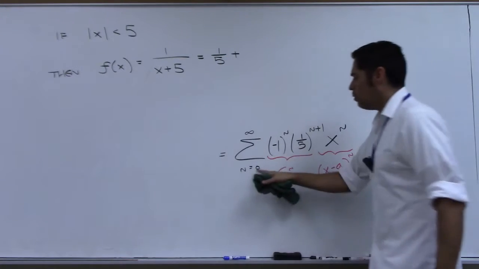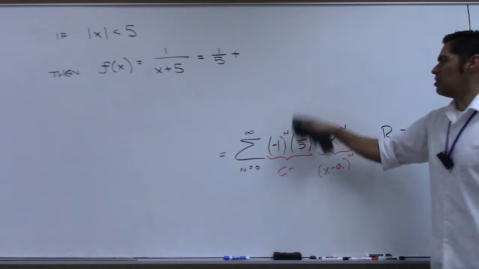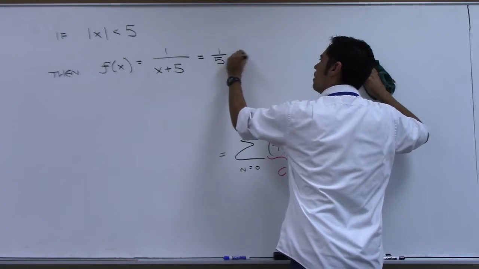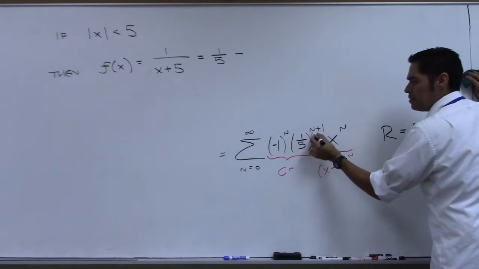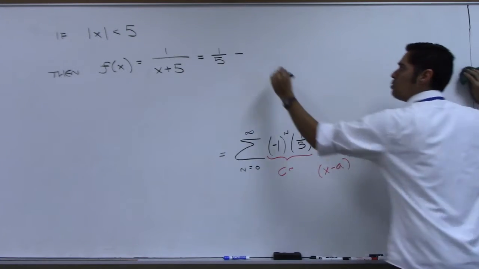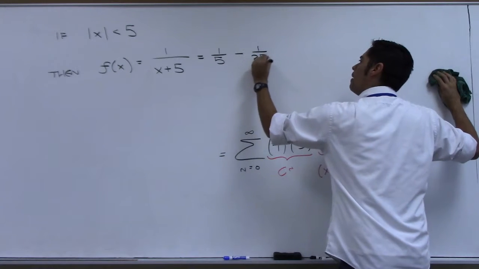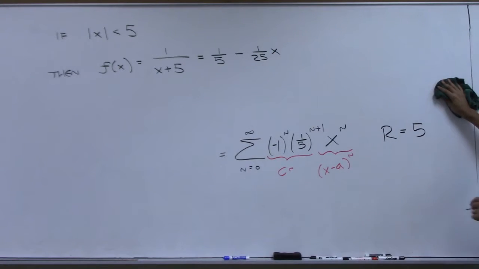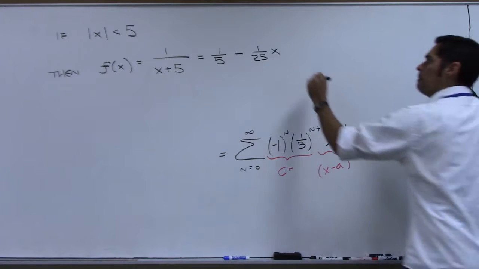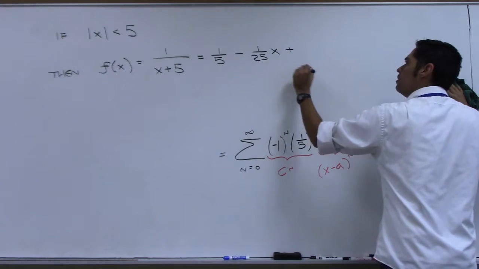plus, now let n be 1. What do we get? It's actually negative, so how about we make that a minus? And then n is 1, so what? 1/25 x. Now let n be 2. So what are we going to get?